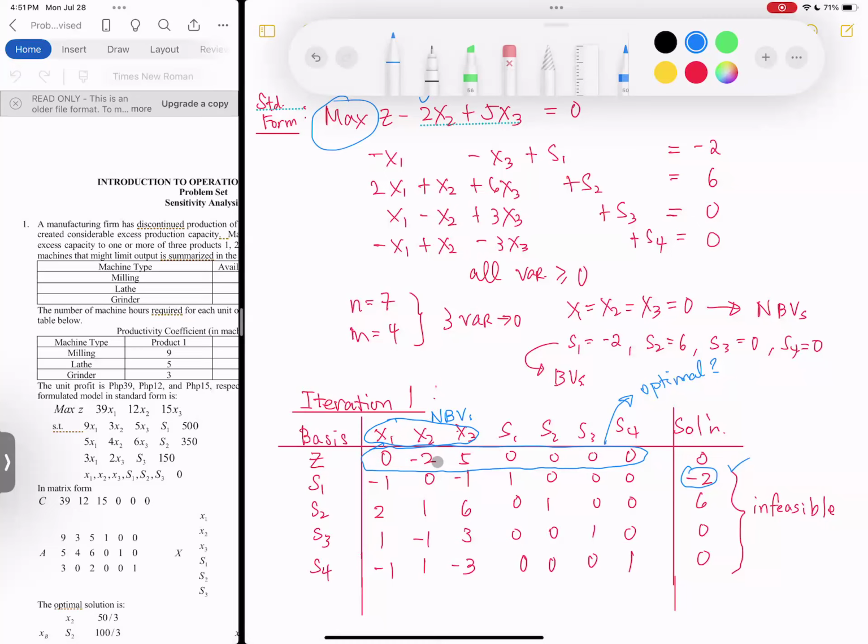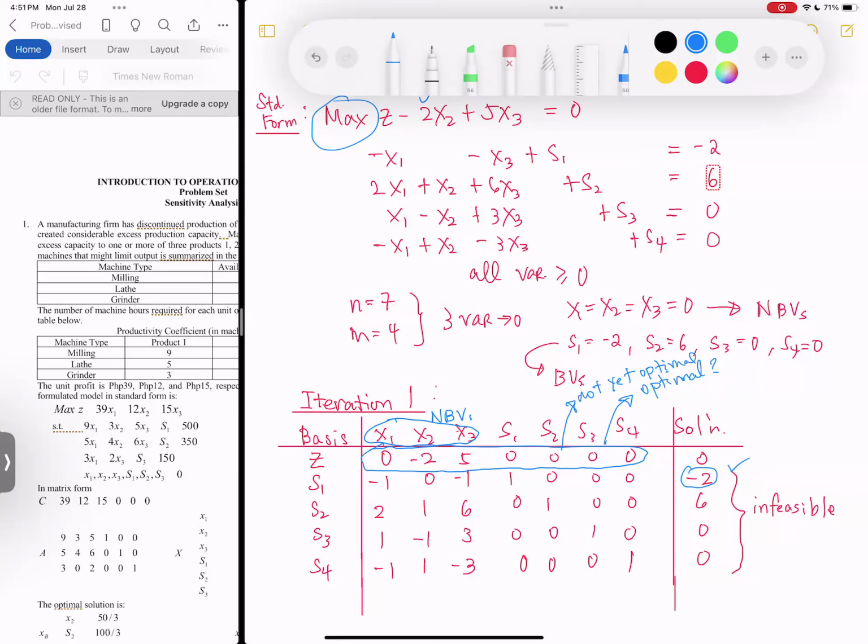That's the rule. So non-negative, meaning 0 is okay, 5 is okay, but -2 is not okay. So that means it is not yet optimal. So this row is therefore not yet optimal.